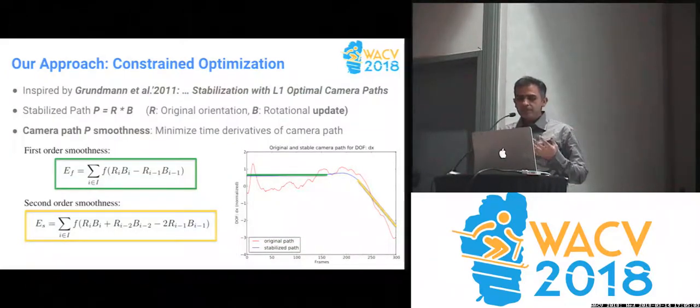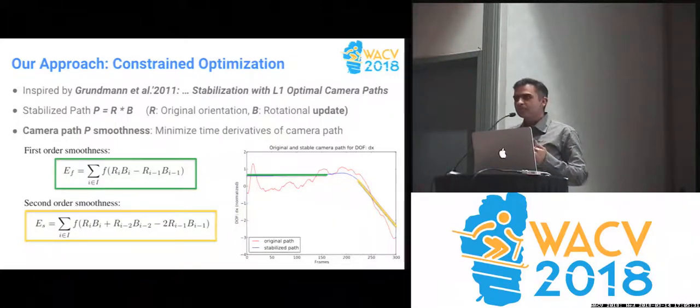So what we do here is we represent the stabilized path, which we want to compute, as a composition of the original shaky path, which is R here, with an orientation update denoted by B. So this orientation update is an orientation transform that you apply to every frame, and this is what you compute during the optimization. And the objective of this optimization is to smooth the eventual path.